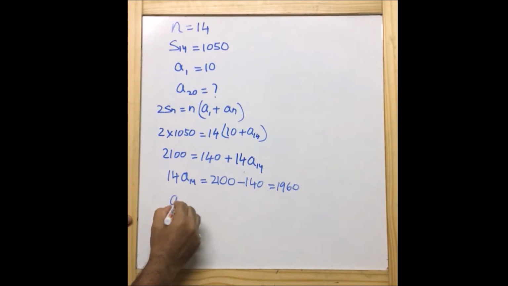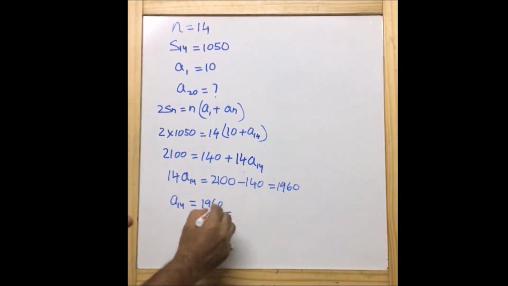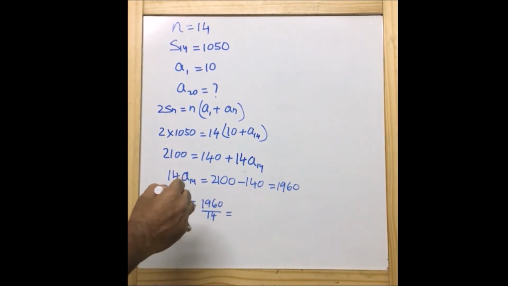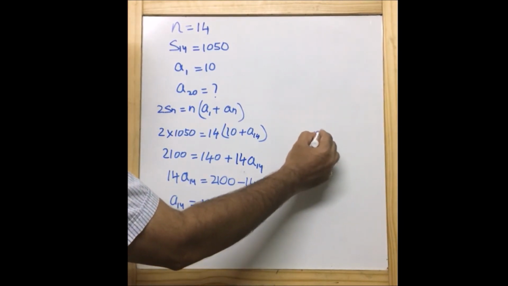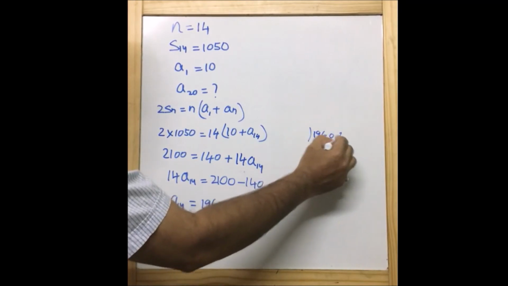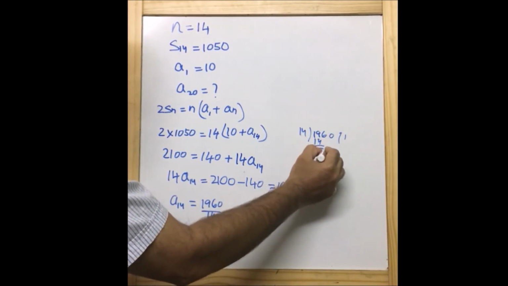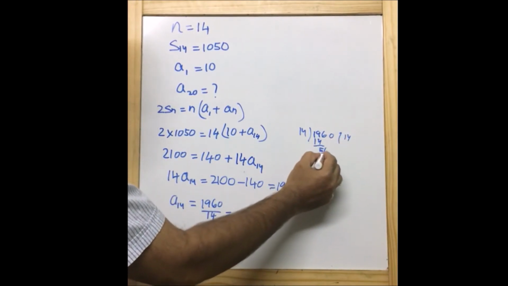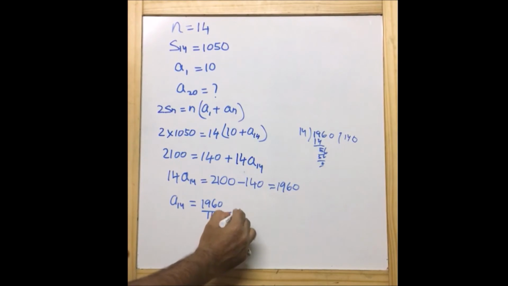Or I can write A14 is equal to 1960 by 14, and after solving this I am getting 140.